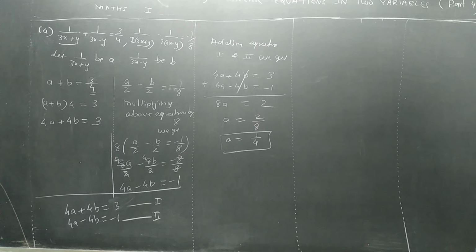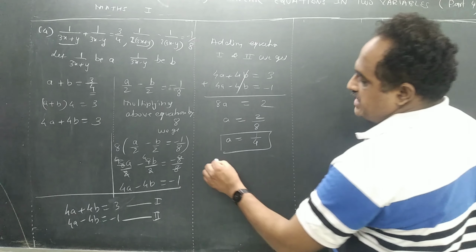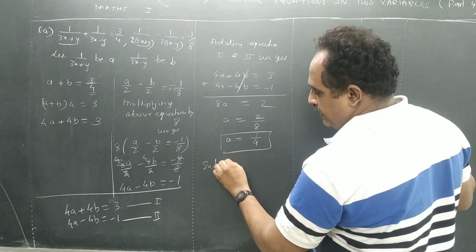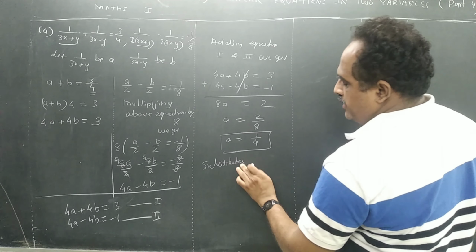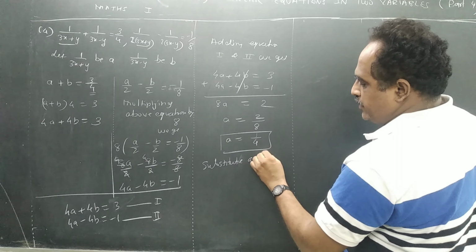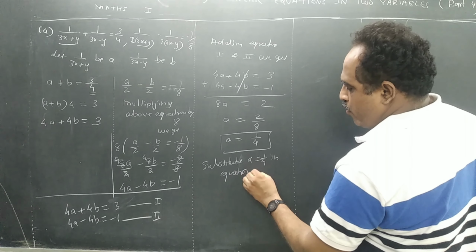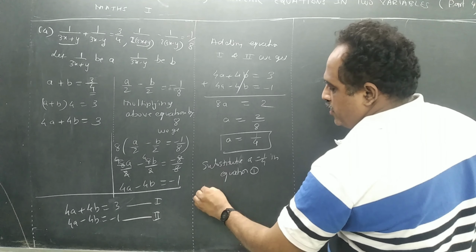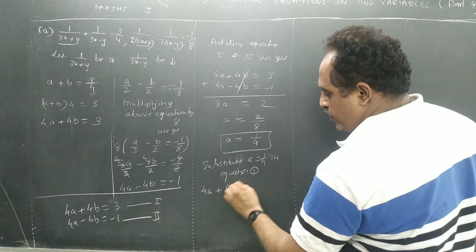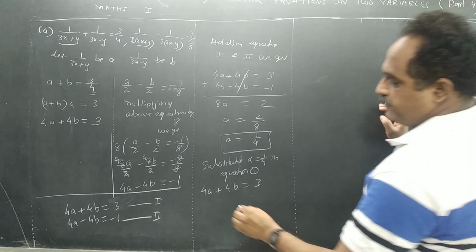Got it? Now you can substitute this in equation 1 or 2. So substitute A is equal to 1 upon 4 in equation 1. What is equation 1? 4A plus 4B is equal to 3.